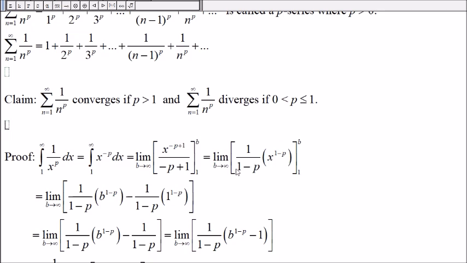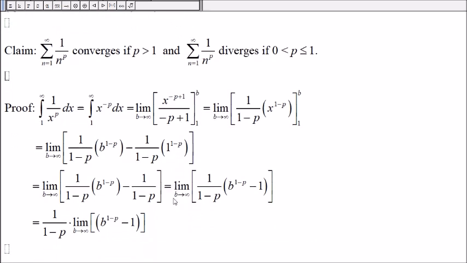In the place of x, if we put b, then we get 1 over 1 minus p times b to the 1 minus p. And then in the place of x, we'll put 1. 1 to the 1 minus p is just 1. And so this becomes 1 divided by 1 minus p.